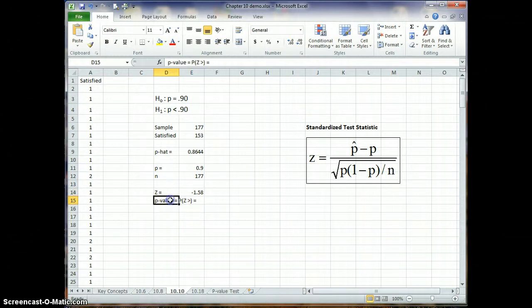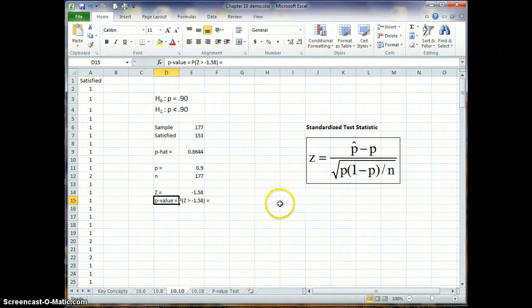So down here, the p-value is equal to P(z < minus 1.58). And that's going to be equal to something here.